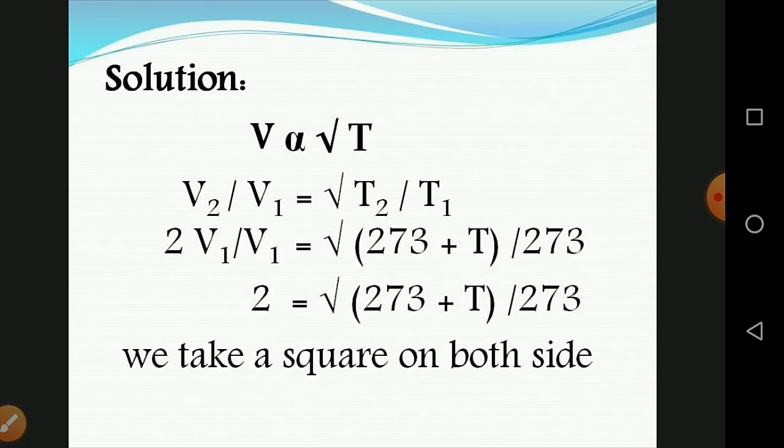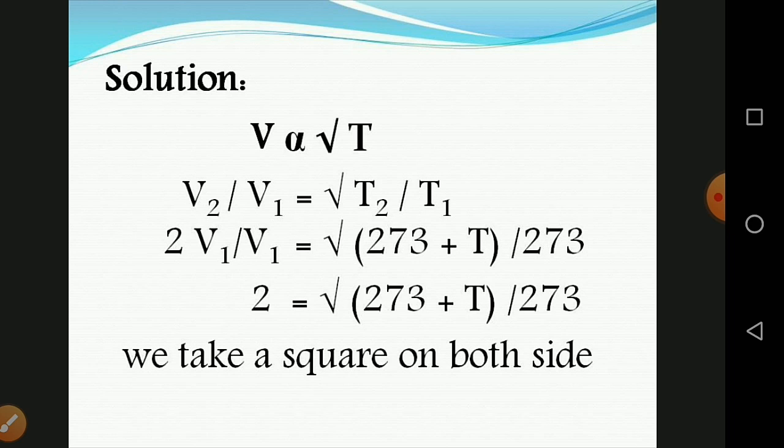So we know the formula: v is directly proportional to the root of t. That means v1 is equal to root of t1, so v2 divided by v1 is equal to root of t2 by t1.